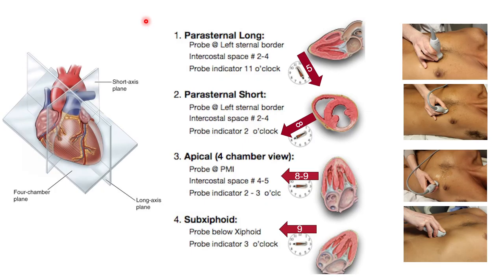This is a general overview of the entire exam. The first image, the parasternal long, will give you a lot of information, and often this is the only image you need. The goal here is to get the apex on the left side of the screen, with our sound waves coming in this direction, so this plane here.